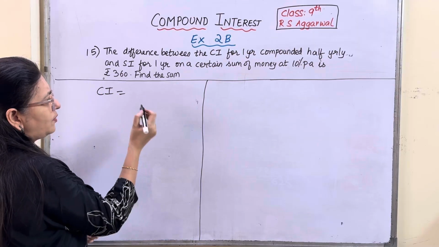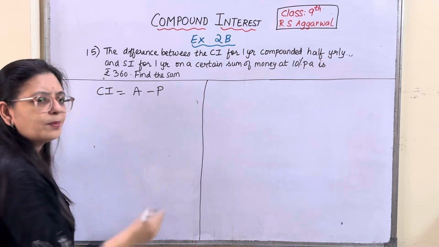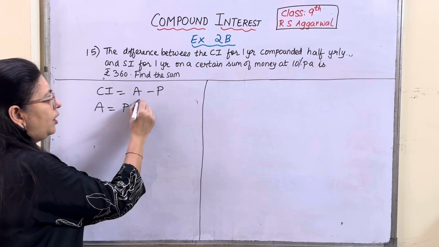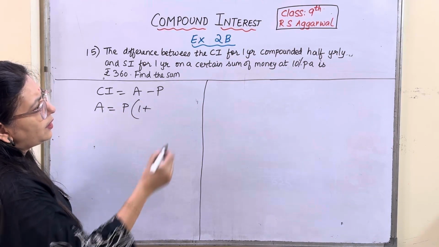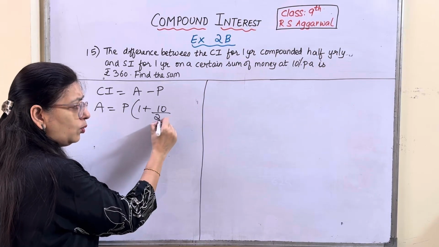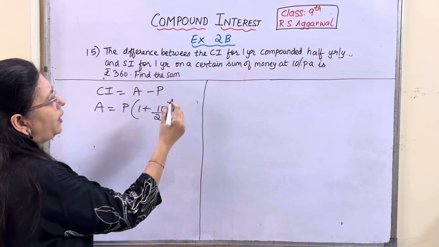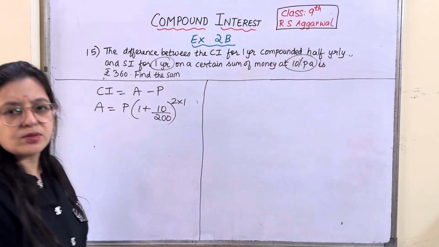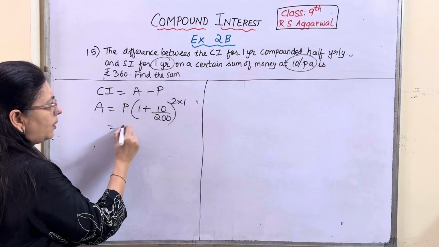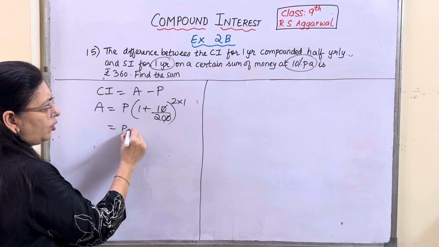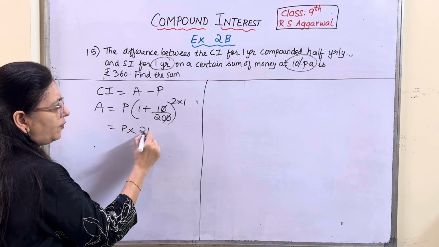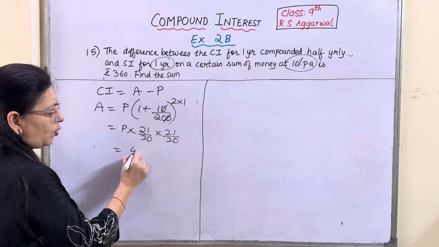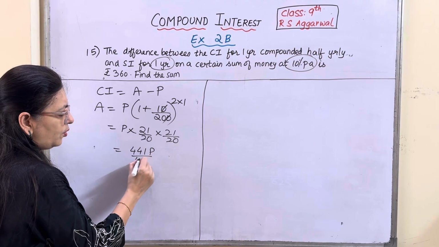Compound interest, what is the formula? Amount minus principal, right? Let's find the amount. Amount is, let the principal be P into 1 plus, what is the rate? 10%. So 10 upon 200 raised to 2n. 2 into 1 because it is 1 year and rate is 10%. So this will become P into 20 plus 1, 21 upon 20 into 21 upon 20, which is 441p upon 400.